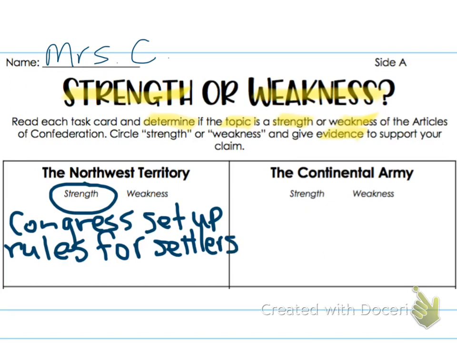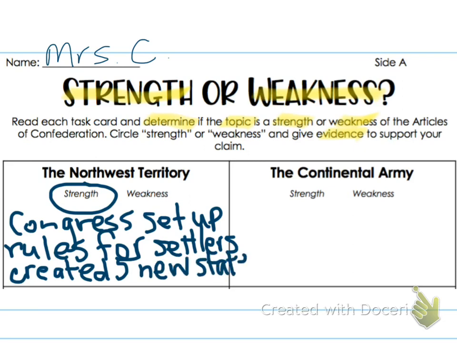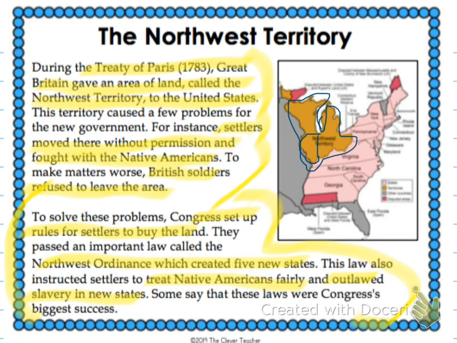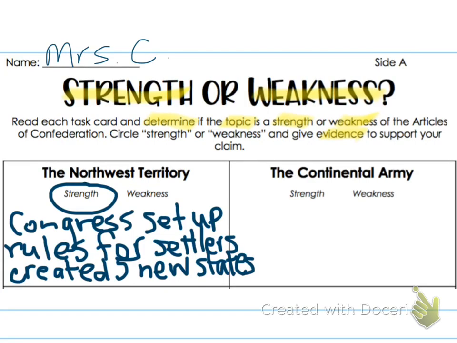They created states. Created 5 new states. Well, that's not too bad. Bingo, that is evidence that you can go back to your reading on this page and see that it supports the fact that we're calling the Northwest Territory a strength.